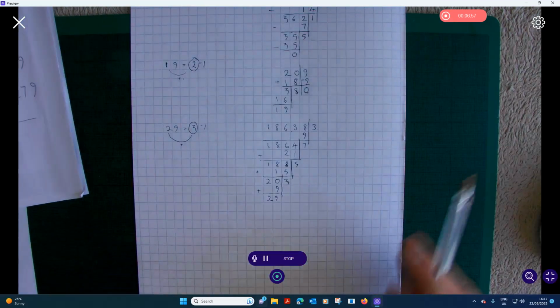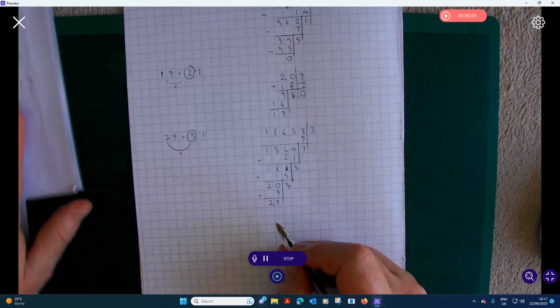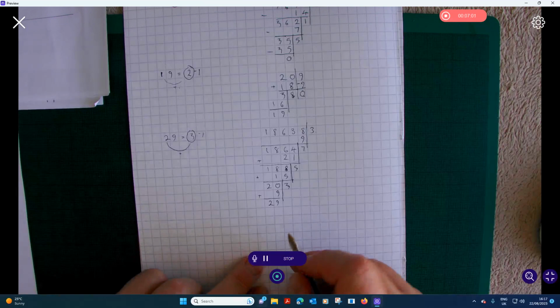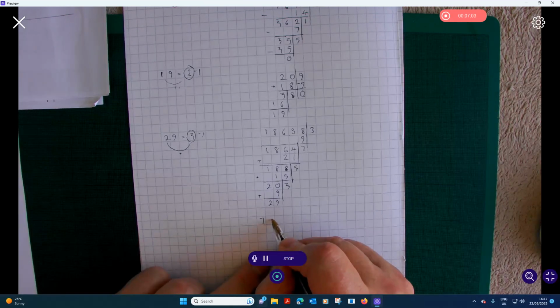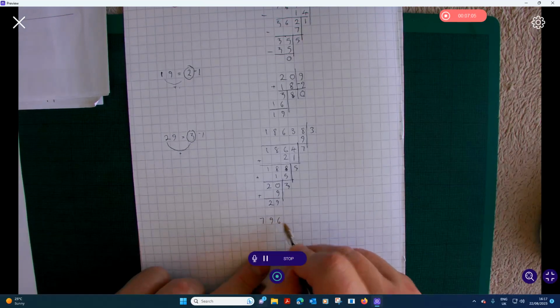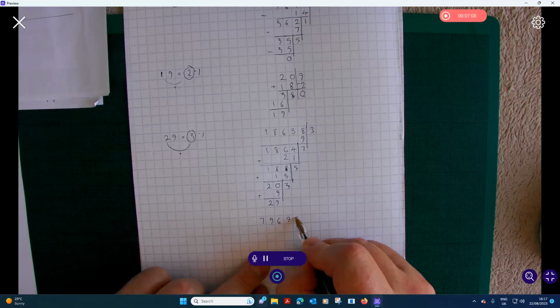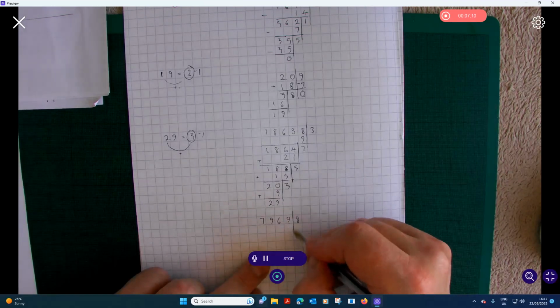So we can ask ourselves, now using the whole system as it's needed, 79698, is that divisible by 37?